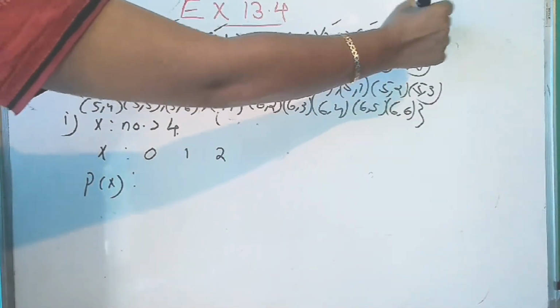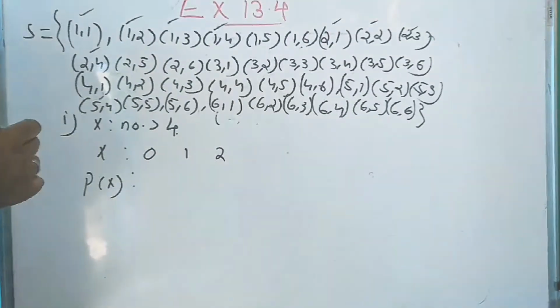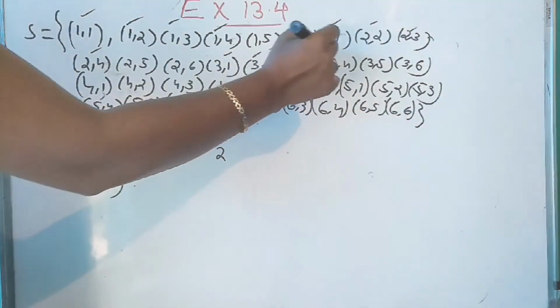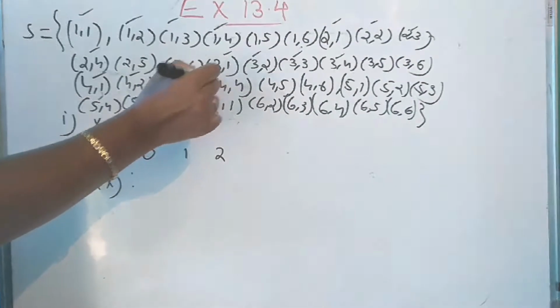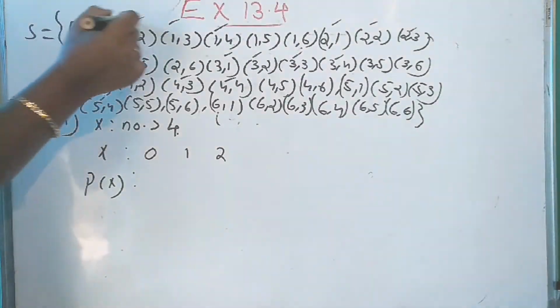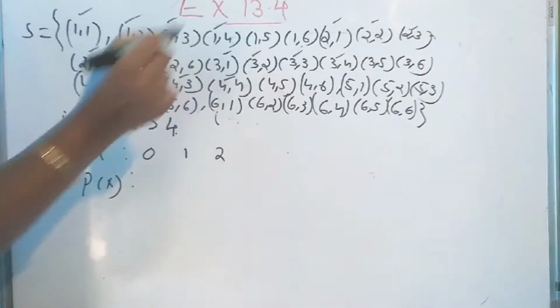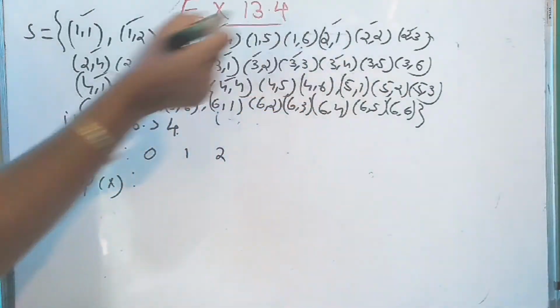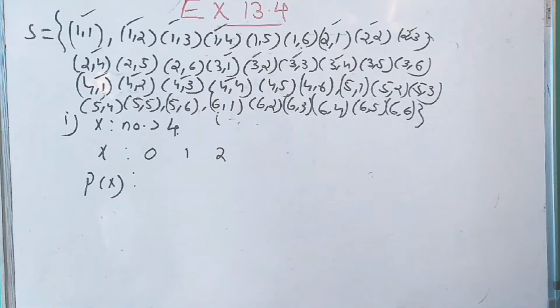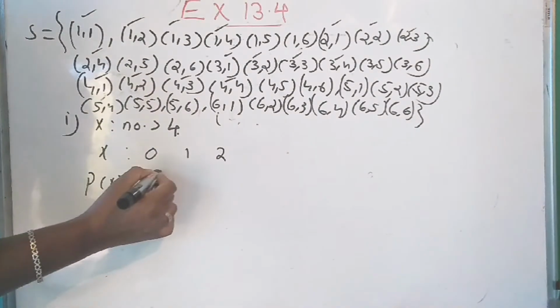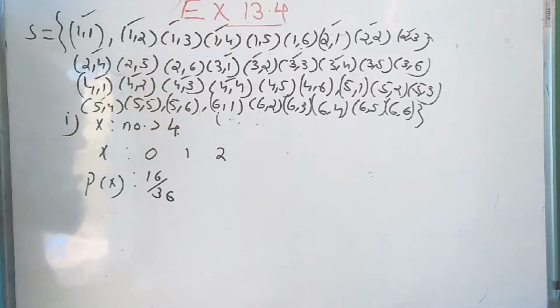Then 2 1, 2 2, 2 3, 2 4, 3 1, 3 2, 3 3, 3 4, 4 1, 4 2, 4 3, 4 4. How many are there? 16 outcomes which give X equal to 0. So this is 16 by 36.